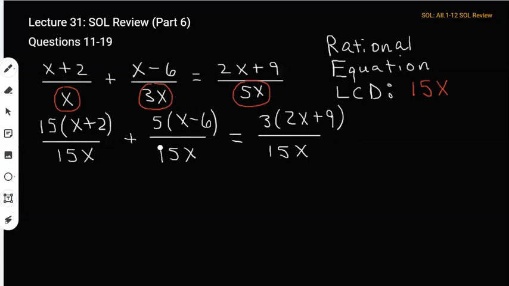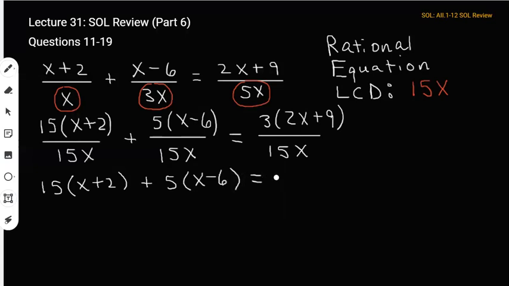Okay, so now that we've changed all the numerators, we can set all the numerators equal to each other. At the top, I have 15 times (x + 2). We're going to simplify that later. At the top of this one, we have 5 times (x - 6).